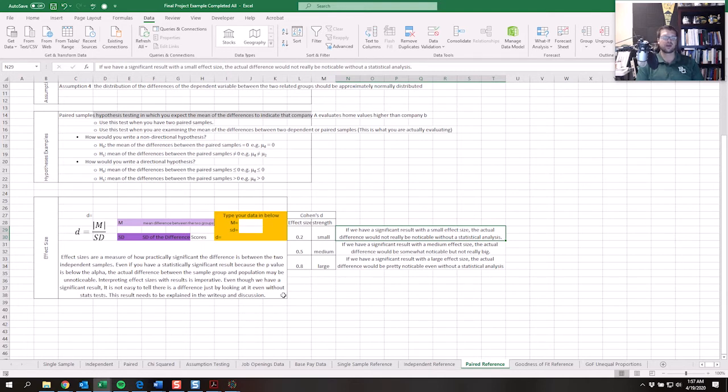Okay, so a small effect size is when you would barely notice the difference at all. So for instance, if I were to say to you, hey, I want you to look at the women's softball team, and you look at their GPA as compared to the women's soccer team. I would assume that maybe one of the two of them is going to be higher, but you would barely be able to tell the difference.